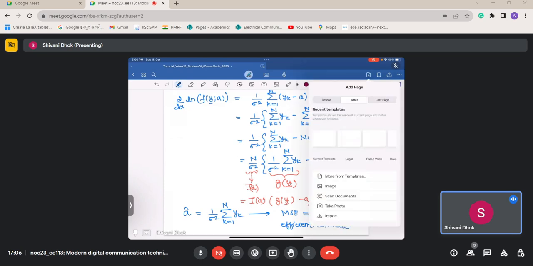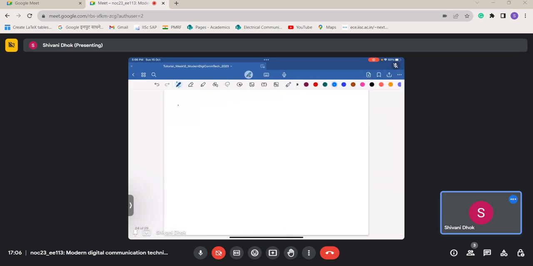Okay, so let me just write it down again. So your A hat is equal to 1 by N summation k running from 1 to capital N yk. What we had seen is that this is your MVU estimator.